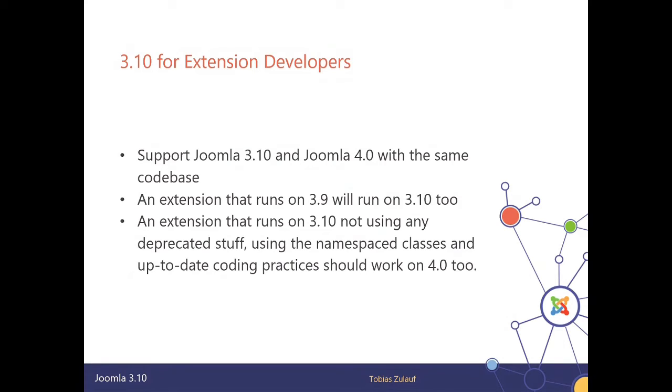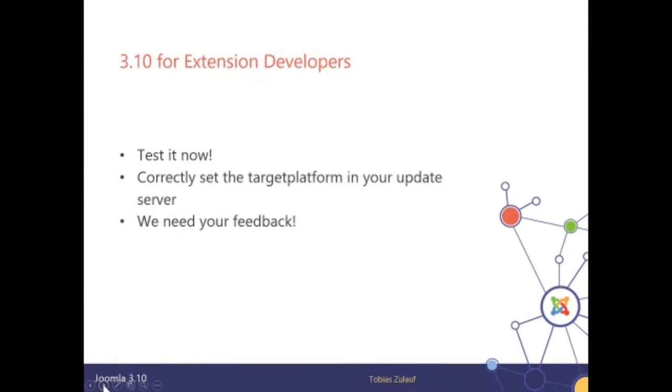So on the 3.10 side, everything works as expected, like it does on 3.9. Please test it and report back when there are any issues. But for the 4 stuff, it could involve some more testing and rewriting, but we have provided many things from Joomla 4 also in 3.10 optionally, so that you can run the same code in your 3.x version.